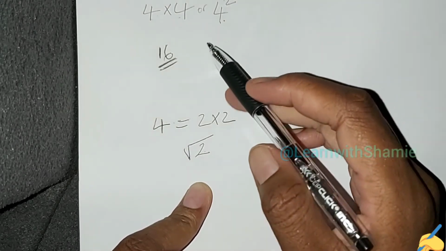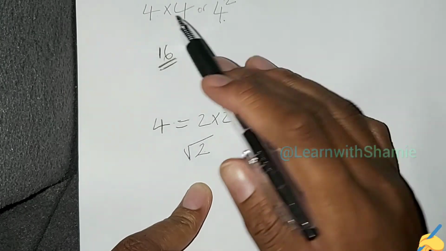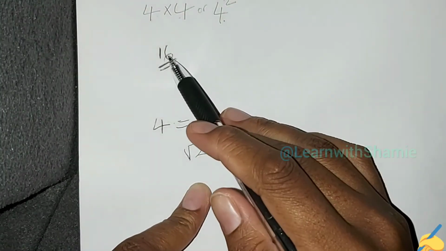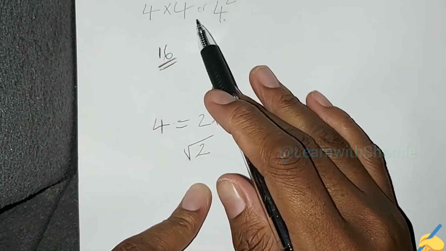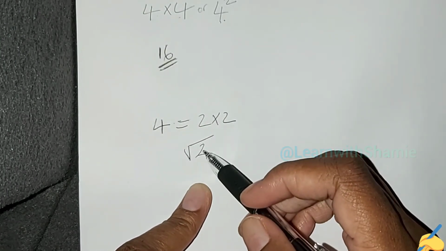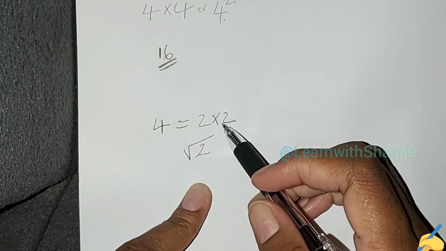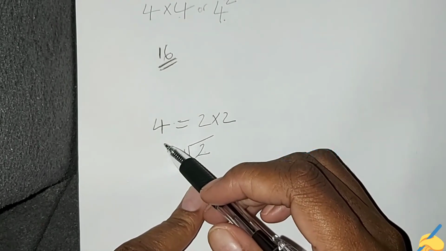So you see the difference between the square of a number and the square root of a number. The square of a number is the answer you get from the number when it is multiplied by itself, while on the other hand, the square root of a number is a number which when multiplied by itself gives the original number.